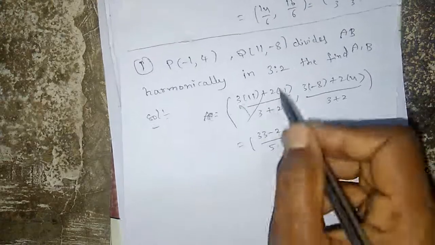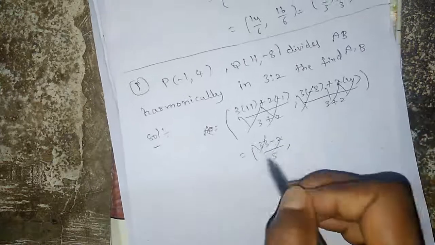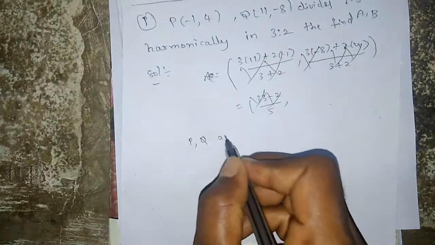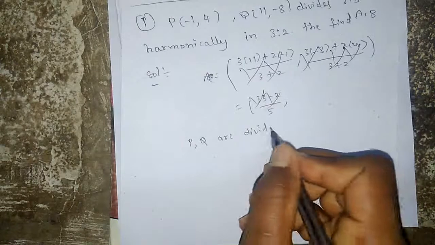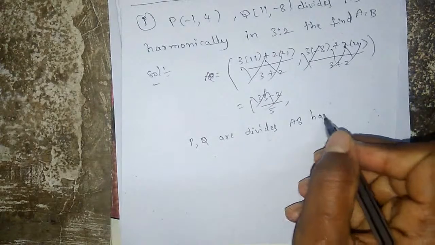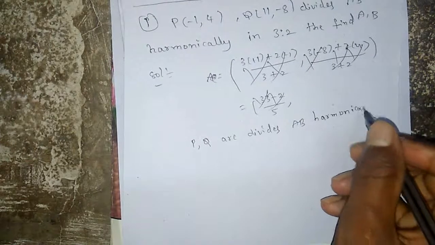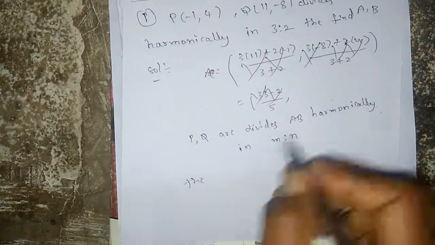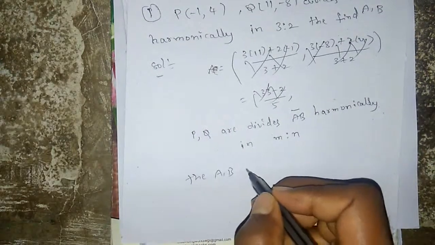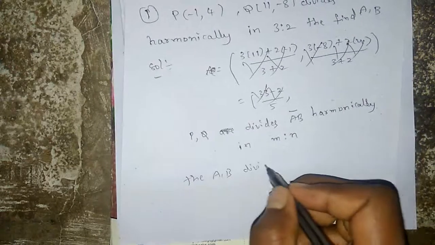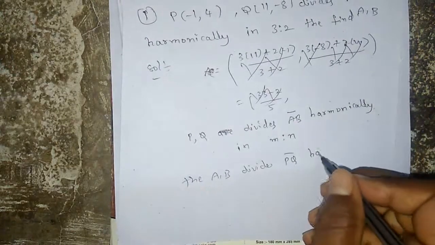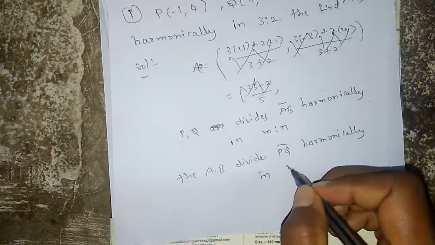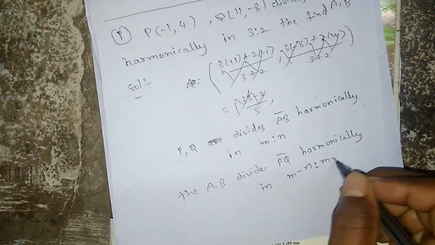Sorry, my mistake. Here, if P comma Q divide AB harmonically in M is to N, then A comma B divide PQ harmonically in M minus N is to M plus N ratio.